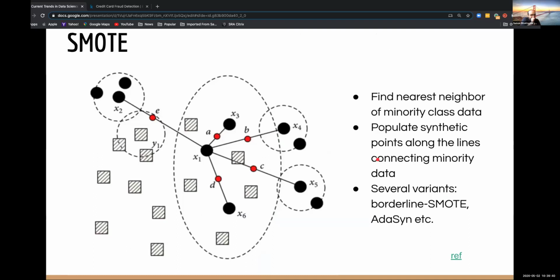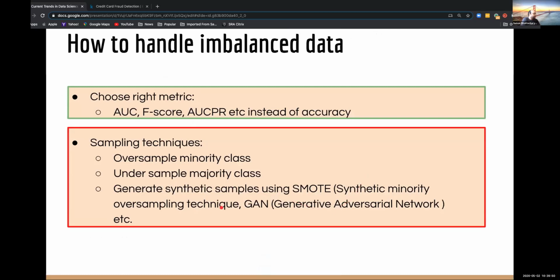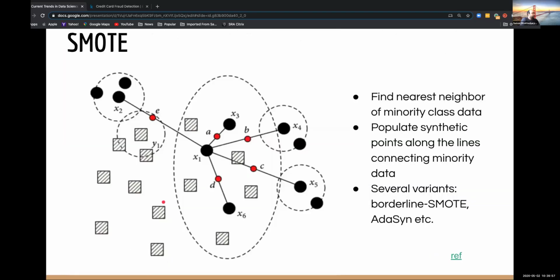A bit more sophisticated technique is something called SMOTE. The full form of SMOTE is synthetic minority oversampling technique. I will explain what that is. Essentially, SMOTE is based on the nearest neighbor idea. We have these black dot points, which represent the minority class.